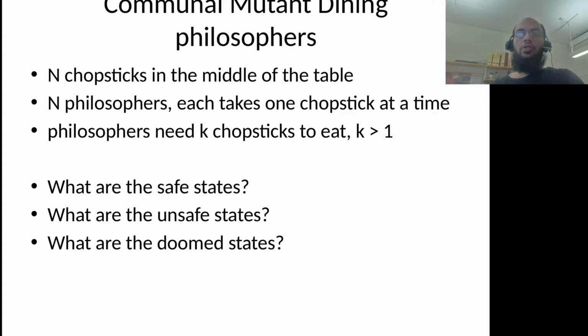But then you also add that I will not pick it if it's less than two. So everybody picks one as long as there are more than two on the table, and you do not pick the last one unless you have two already. So you cannot end up in a deadlock again.